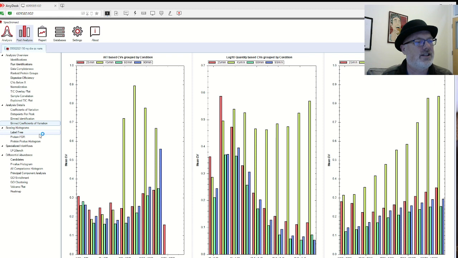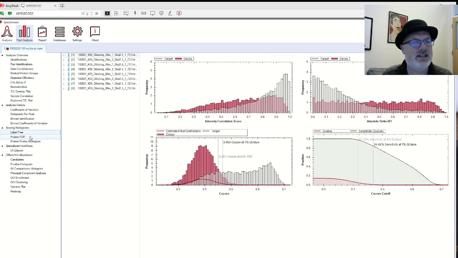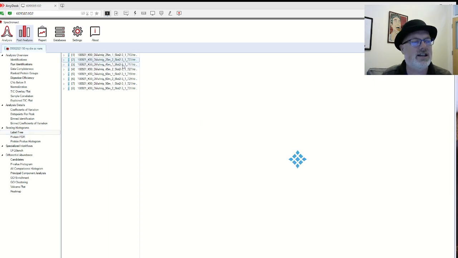Let's see, label-free scoring histograms. This is if you want to get into something geeky about how the scores are done, the decoys versus the experimental conditions. These are how the posterior error probabilities and the Q-values are calculated. So for those of you that are into that, it's very useful.